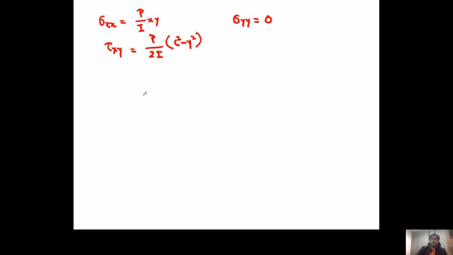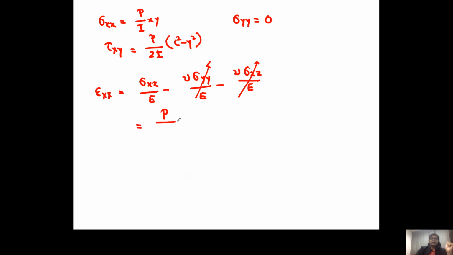You have all your stress components. Strain. Epsilon xx is sigma xx by E minus nu sigma yy by E minus nu sigma zz. Sigma zz is not there, so this is 0. Sigma yy is 0. So epsilon xx is P by EI xy.